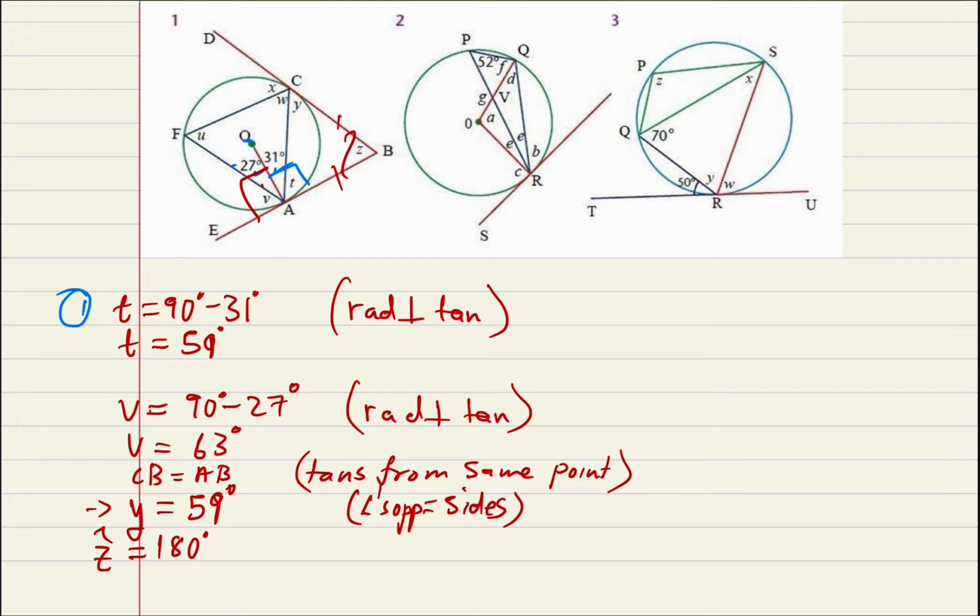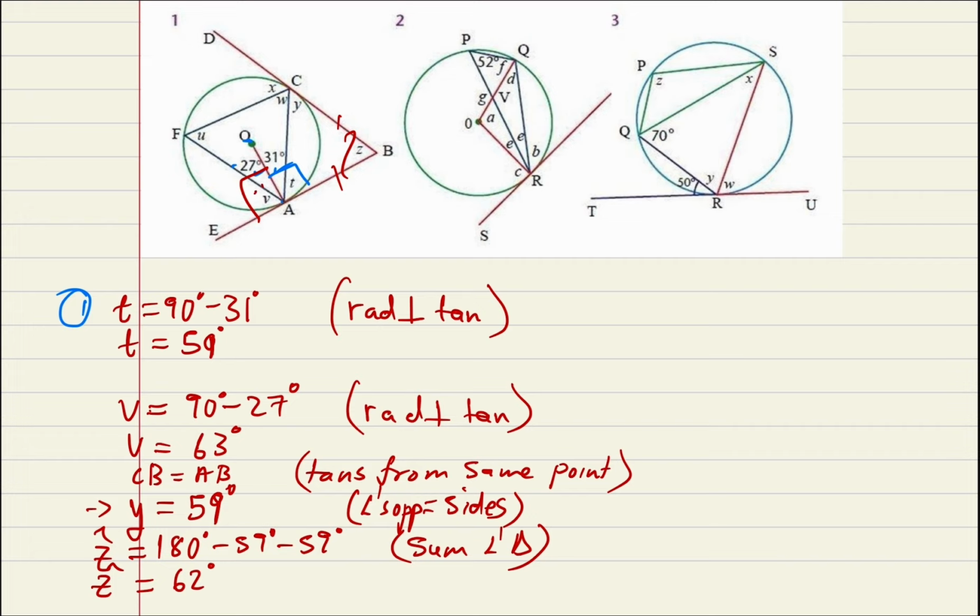So it's 180 degrees minus 59 degrees minus 59 degrees. Why? It's because of the sum of angles in a triangle. So Z is equal to 62 degrees. I found Z now.